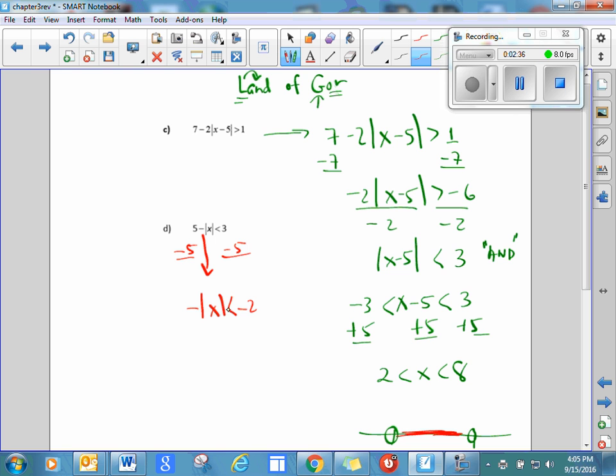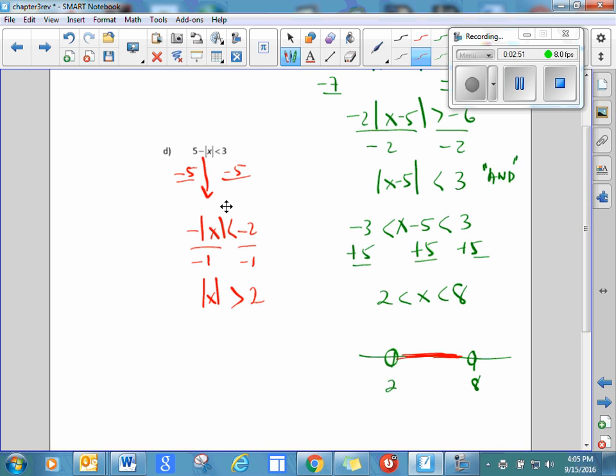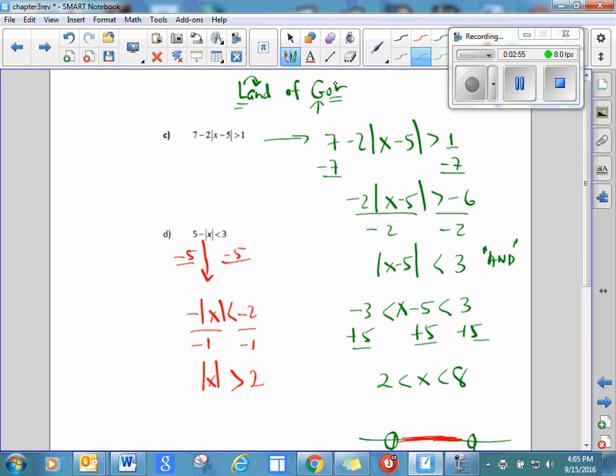We have to get a positive absolute value of x. So we divide by negative 1, and the sign flips. There we go. So we end up with the absolute value of x greater than a positive 2. Now we have a greater than, and greater than is an or situation.